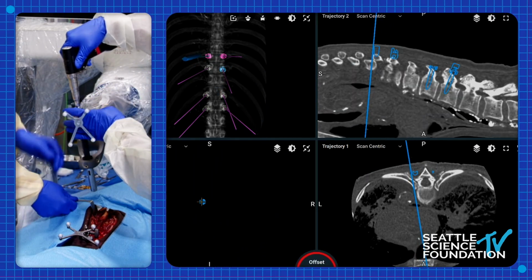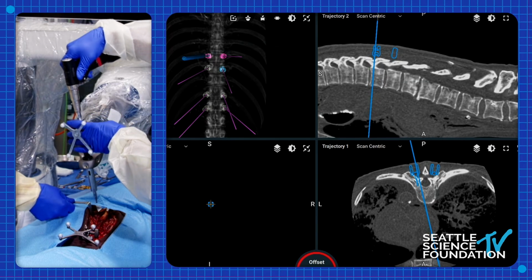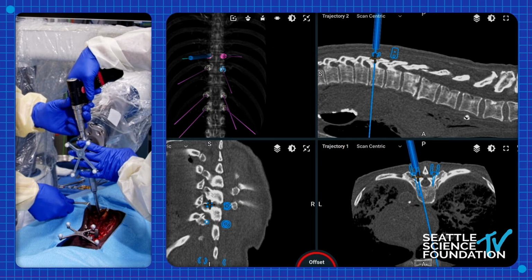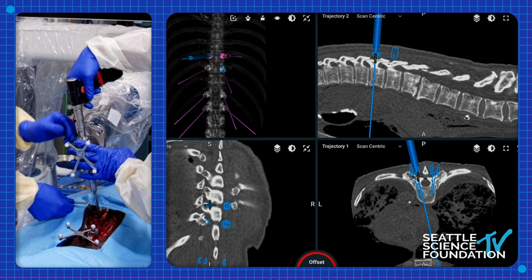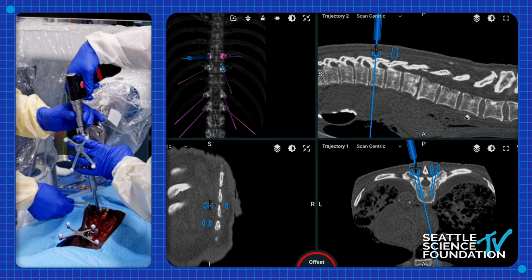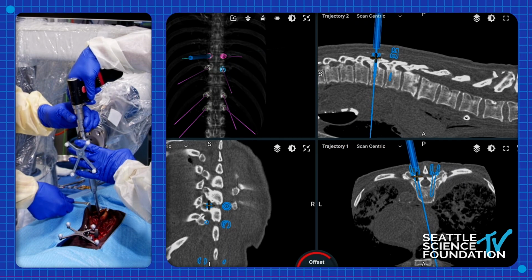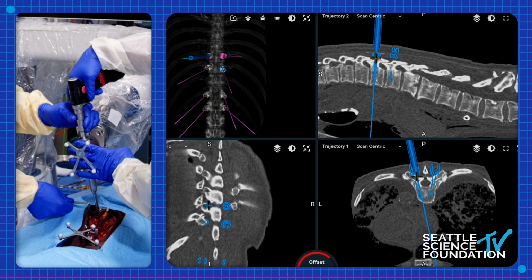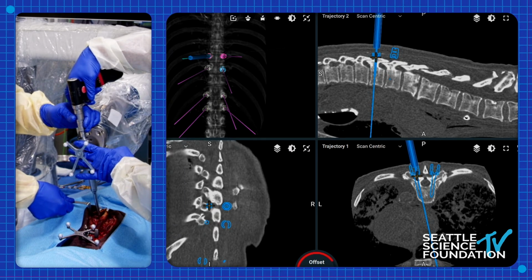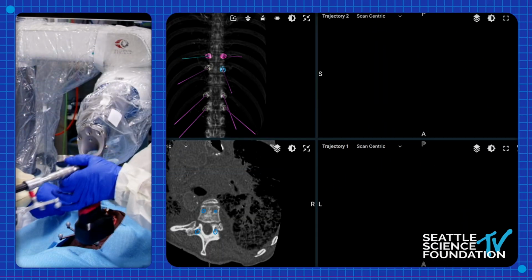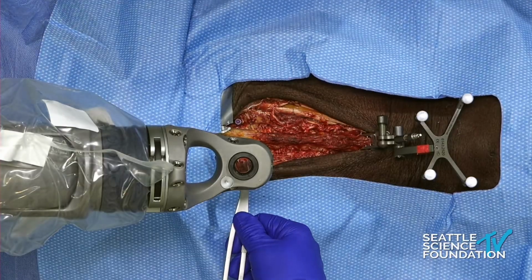So now Dr. Rao can look at the screen here and see, is he directing the instrument? Okay, so you're going to start off the bone. And we're just making a small divot for where our drill can go in. Go ahead, keep it going. Okay, great. Let's go ahead and move on to our drill.